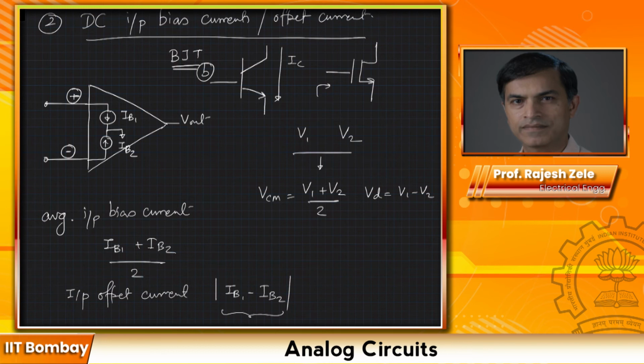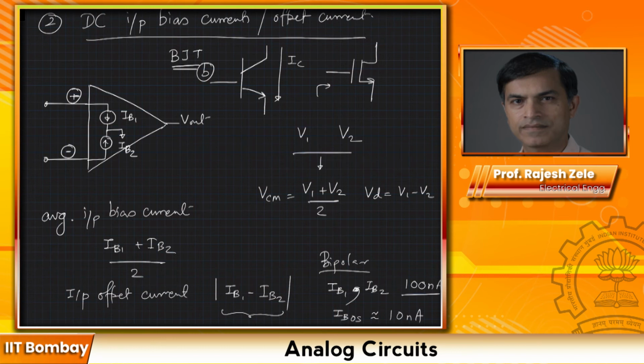So for example, if you look at bipolar transistors, IB1 and IB2 each can be of the order of, let's say, 100 nanoamps, the base current, and then the offset voltage can be of the order of, I'm sorry, I made a mistake. This could be of the order of 100 nanoamps, and the offset current could be of the order of 10 times less.